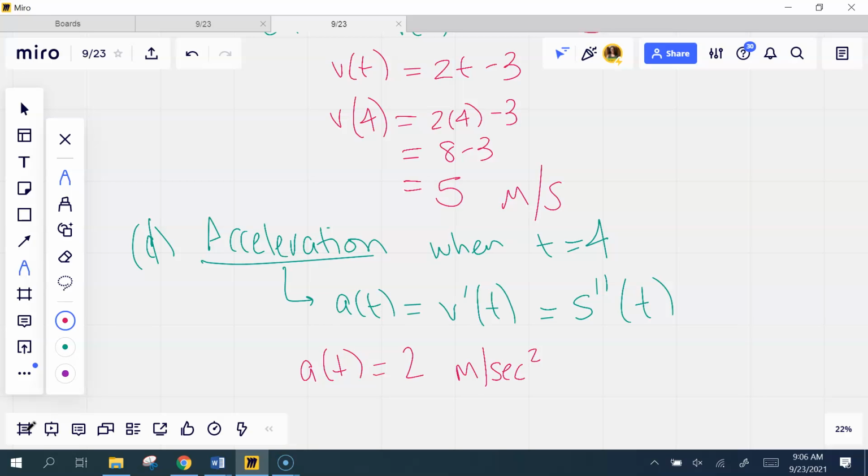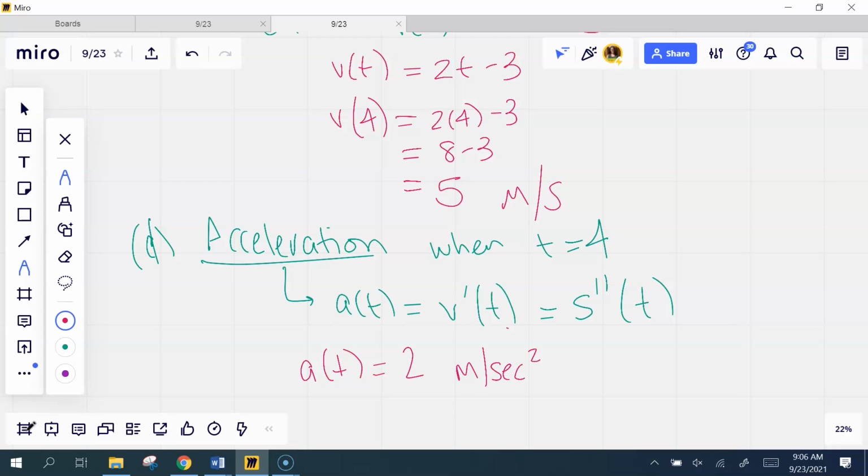Okay, acceleration is the derivative of velocity. Average velocity, yes, but instantaneous velocity is what you'll do more often than not, instead of acceleration. So you find the derivative of the velocity.